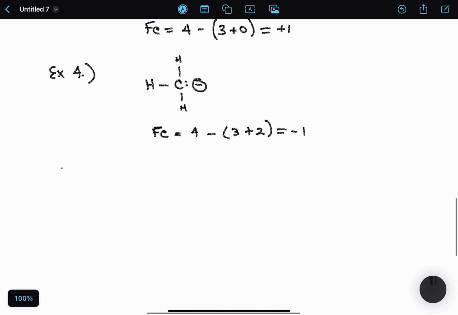And so whenever we assess the Lewis structures to see if they're correct or not, we have to take 2 factors into consideration.